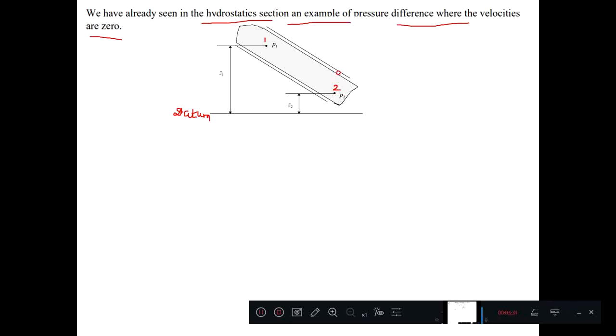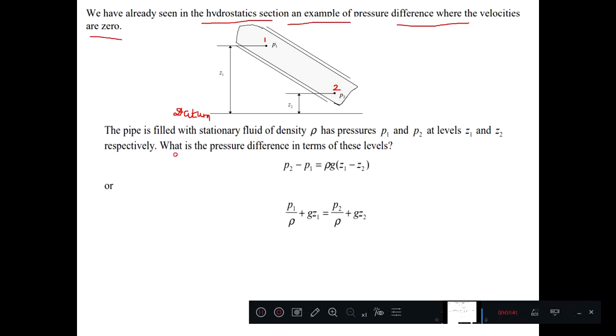Now what is the pressure difference in terms of these levels? The pipe is filled with a stationary fluid of density rho, with pressures P1 and P2 and levels Z1 and Z2 respectively.